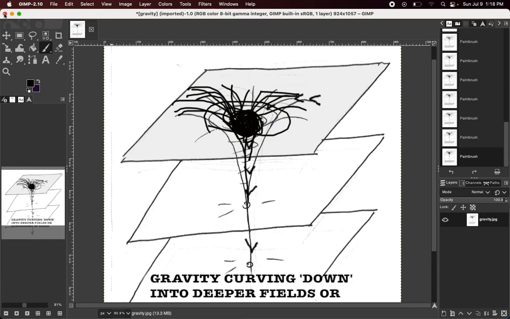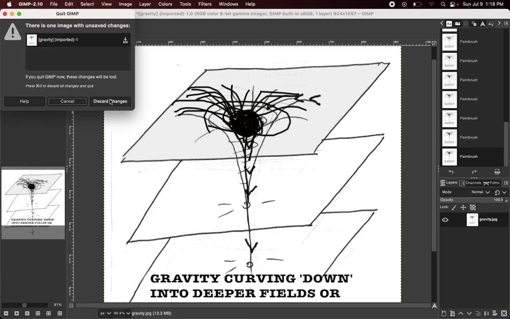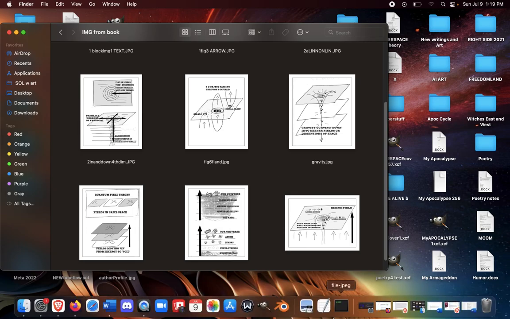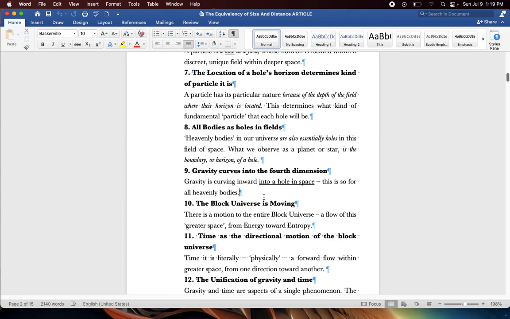So the reason space is curved is because a hole is there. And so the body is part of that hole. All bodies are holes in space. What we observe as a planet or star is the boundary or horizon of a hole.